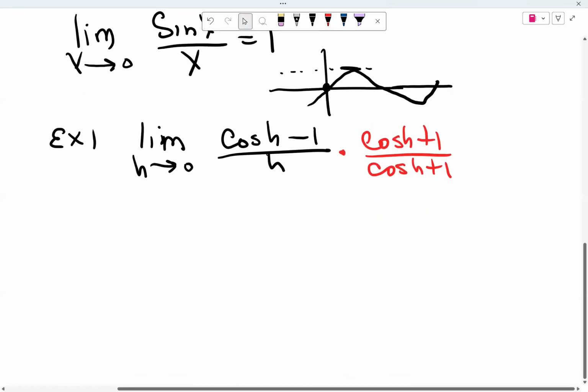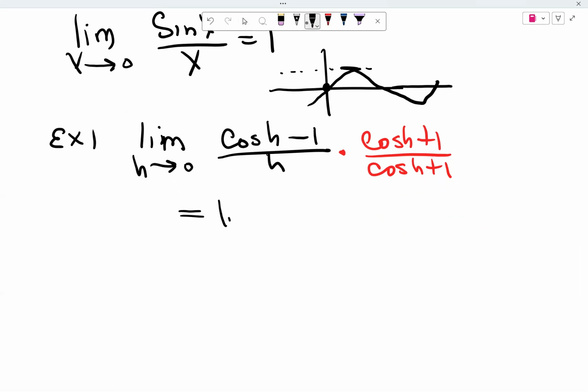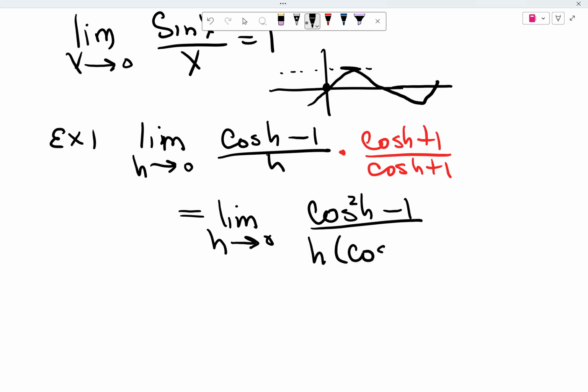All right. So having done that, this becomes the limit as h approaches 0 of cosine squared h minus 1 over h times cosine h plus 1.